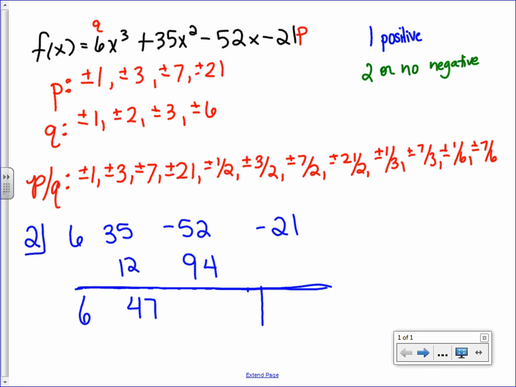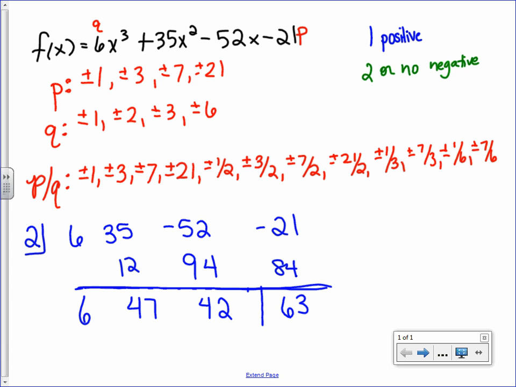Alright, negative 52 plus 94 is, 2 times 42 is 84. Alright, it doesn't work, but what does it tell me? It's an upper bound, okay? There is not a number bigger than 2 that works. So do you know what this means? It's a fraction. 1 didn't work, 2 doesn't work, and nothing bigger than 2 works. So our 1 positive root is a fraction.